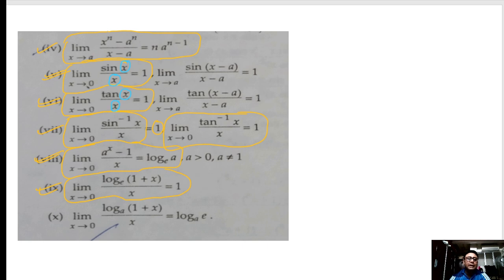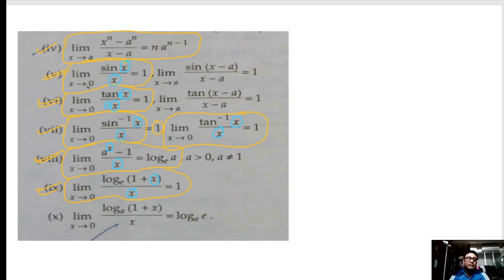If it is ax, you have to do ax here. Whatever is the angle, and whatever is the power, it has to be the same.